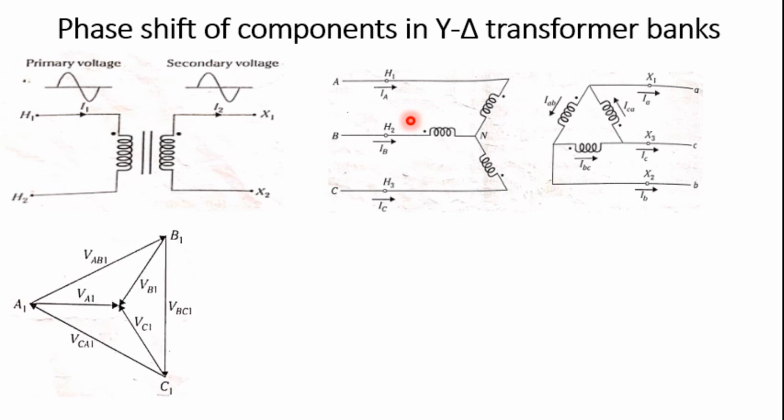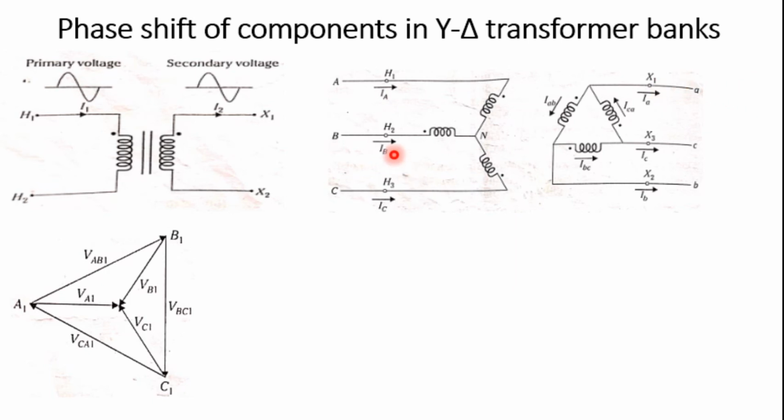In the case of the positive sequence components, we know that VB1 lags with respect to VA1, and similarly VC1 lags with respect to VA1 by an angle of 240 degrees. According to the ANSI standard for the designation of terminals, the voltage of the HV side, that is H1, should lead X1 by 30 degrees.